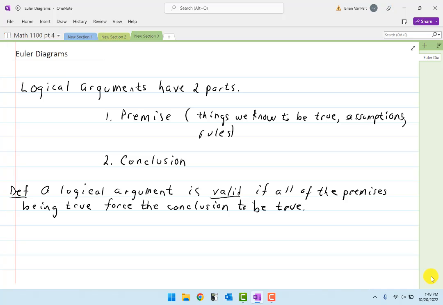Now, it's important to understand this. Whether a conclusion is in fact true in real life isn't the importance of these arguments. It's whether the conclusion follows from the assumptions made. Let's do an example and determine if the following logic is valid.